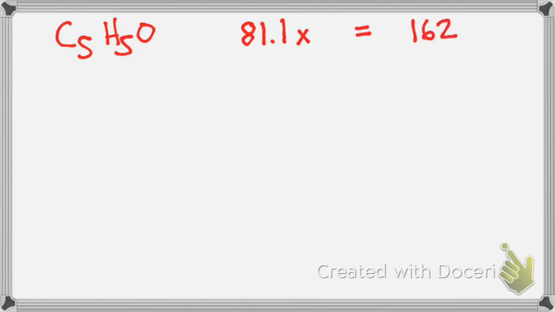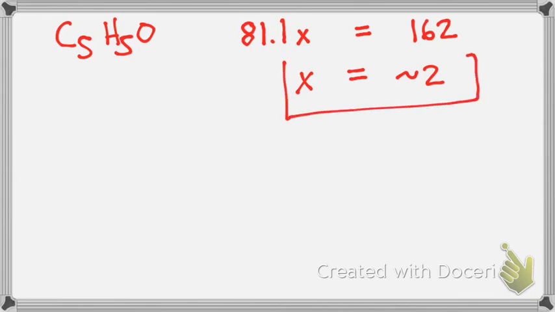Now sometimes this won't make a perfect integer, but when I solve this for X, I'm going to get 2. The specific answer I get is 1.9977, but that's within rounding error.